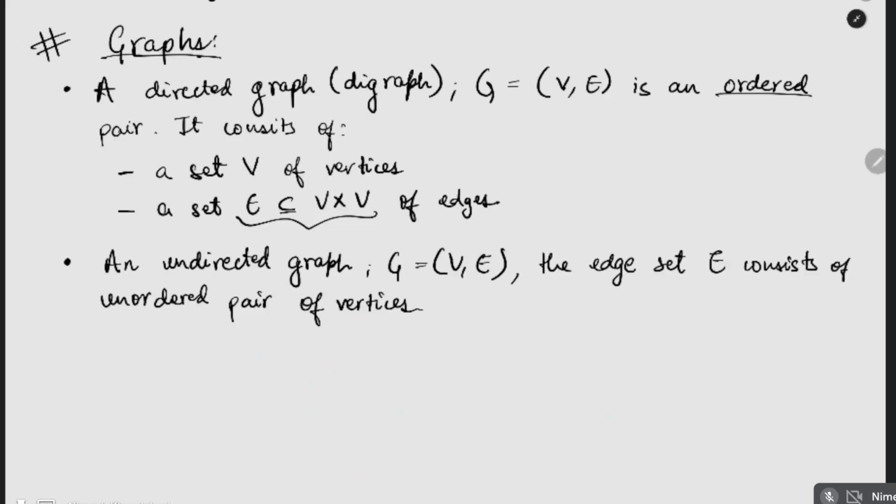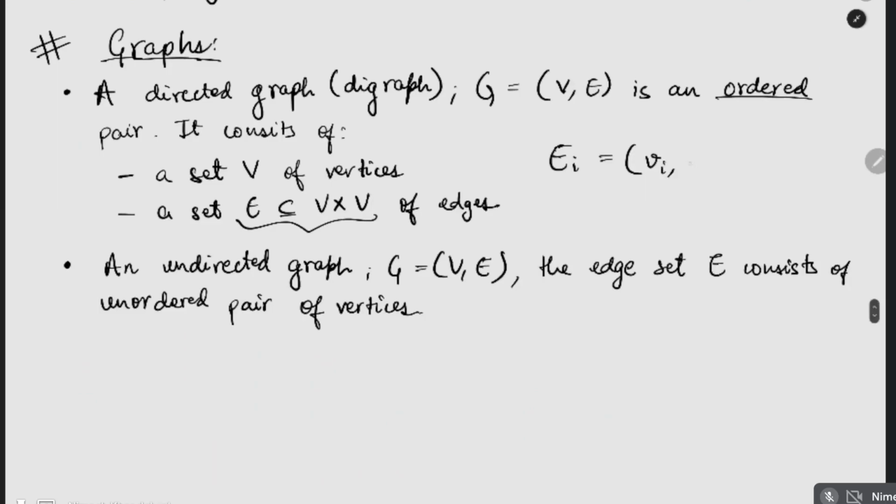So what it means is basically, let's say if E I is, let's say, V I comma V J with V K.